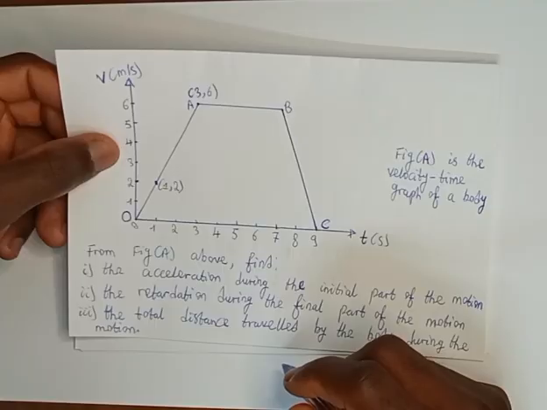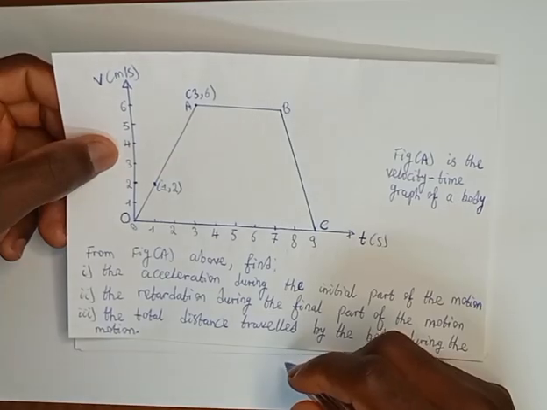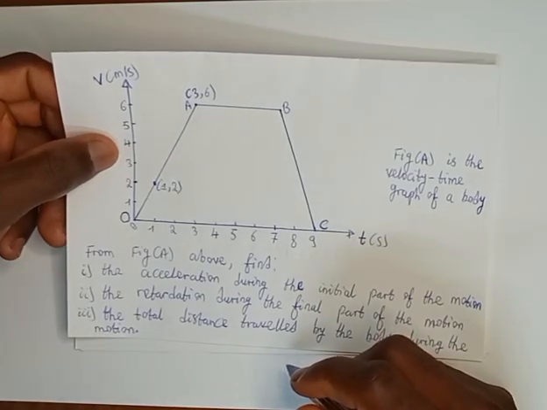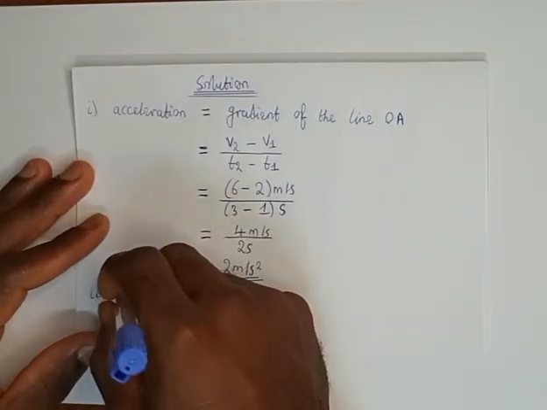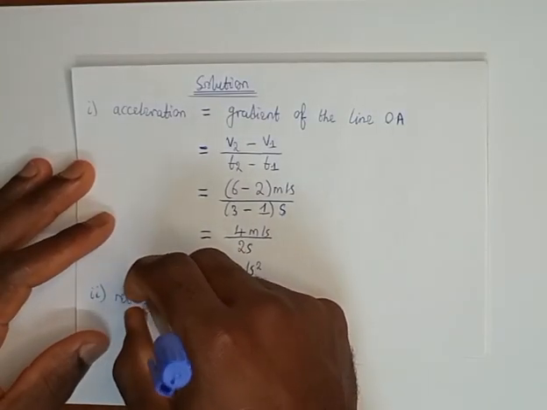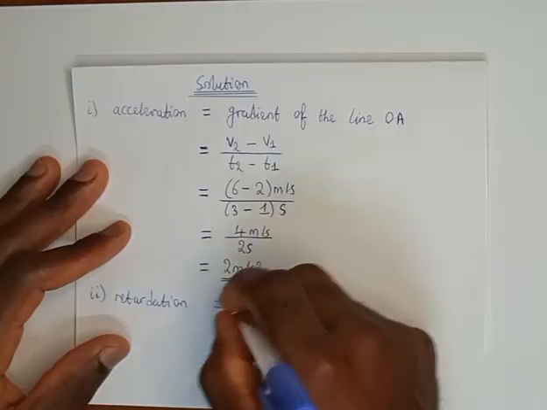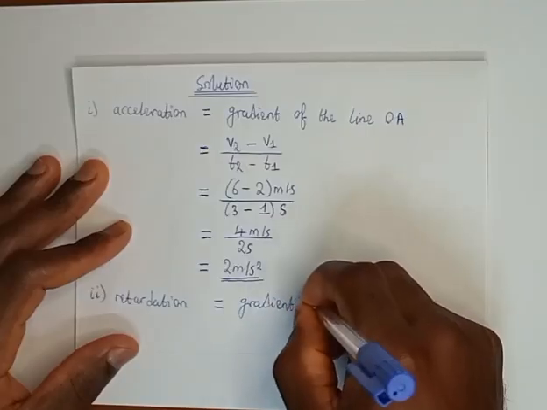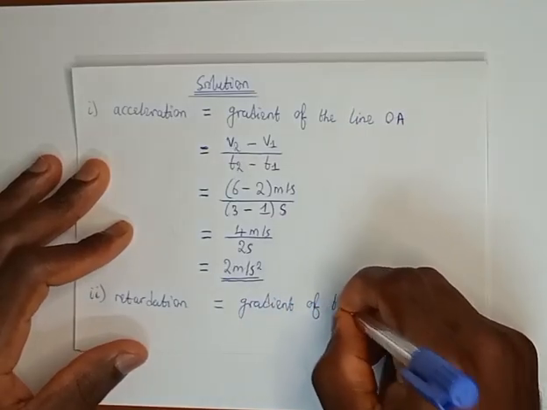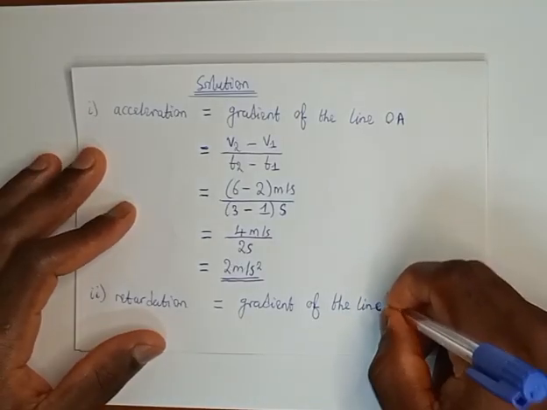For us to find the retardation, we are going to make good use of any 2 points on the line BC. Retardation is simply equal to the gradient of the line BC.